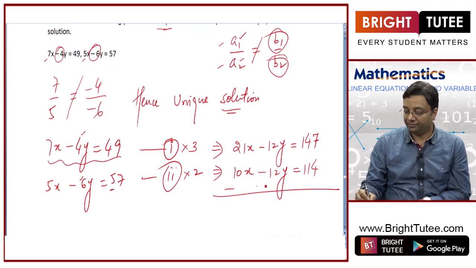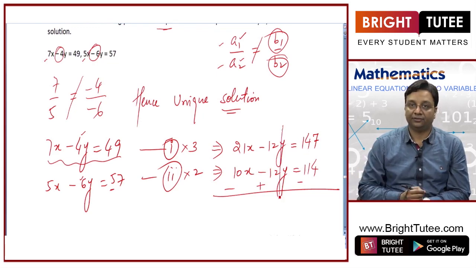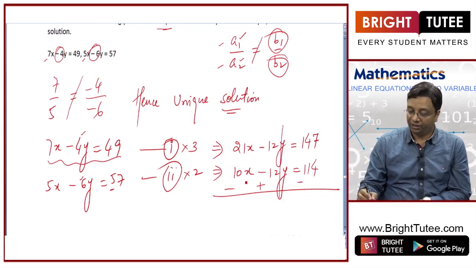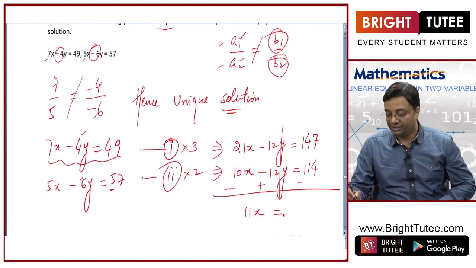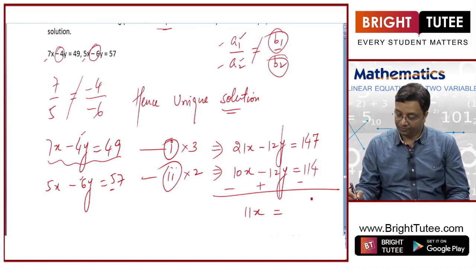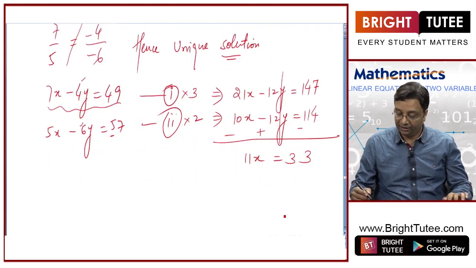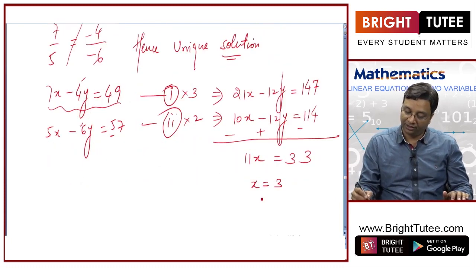Now subtract. So 12y will get cancelled. 21x minus 10x is 11x. 147 minus 114 is equal to 33, right? So x is equal to 3.